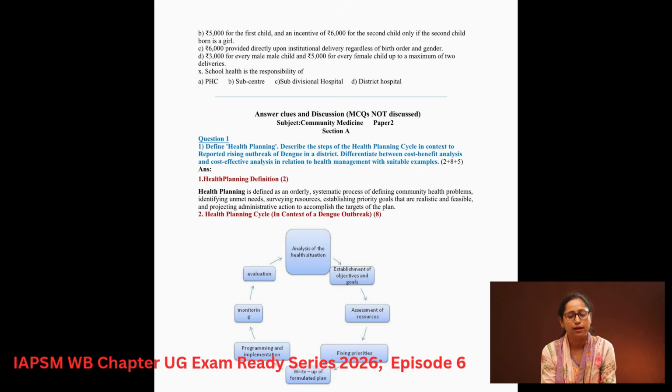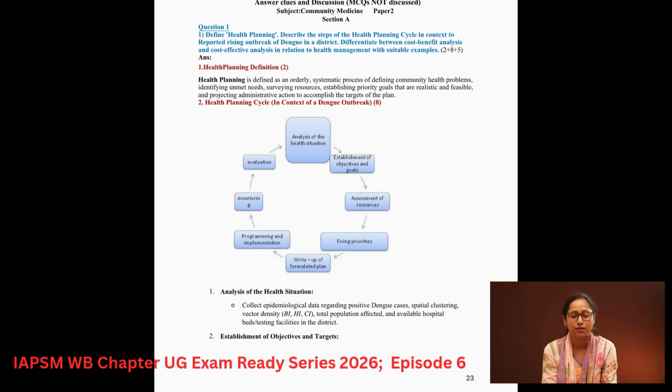Now, in the analysis of the health situation, collect the epidemiological data regarding positive dengue cases, spatial clustering, vector density indicators, total population affected by this disease, and available hospital beds or testing facility in the district. The second one was establishment of objectives and targets.